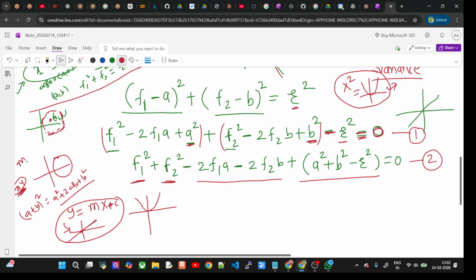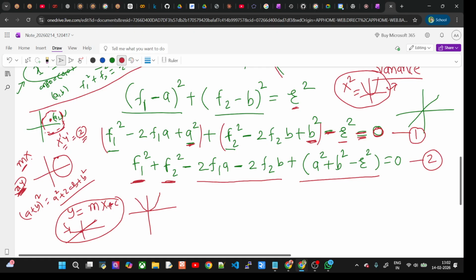A constant into x is fine, but if x and y come together, that has 2 as the maximum dimension. So this is another kind of non-linear relationship.